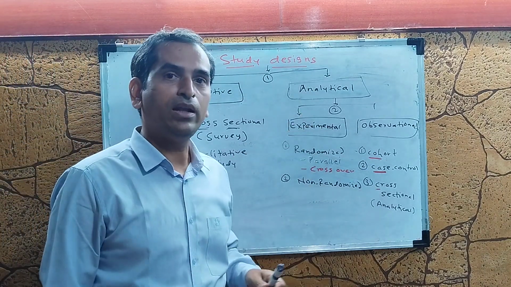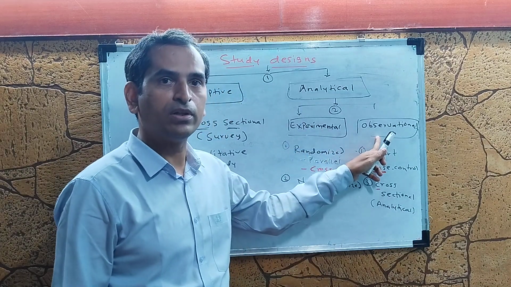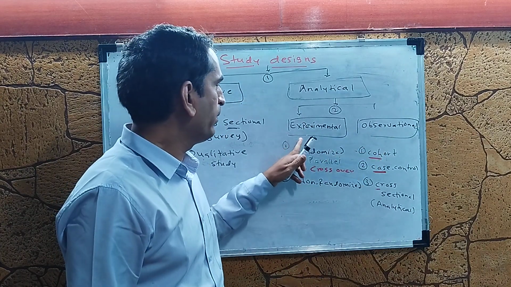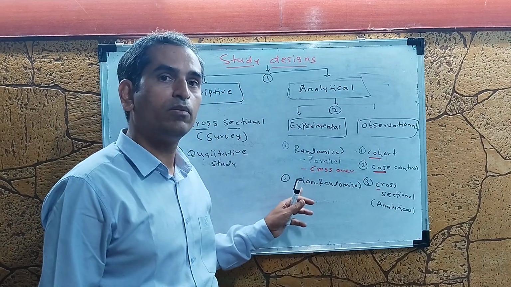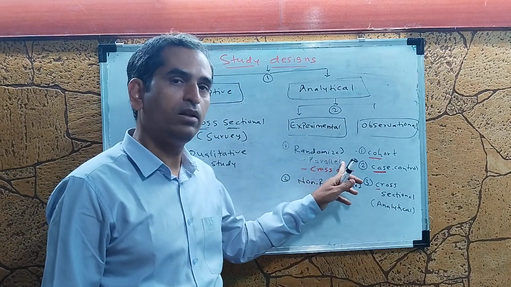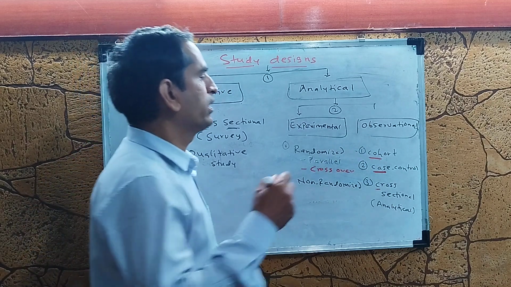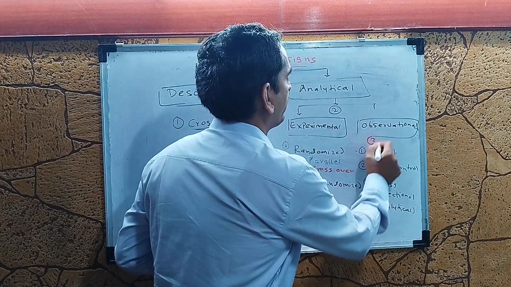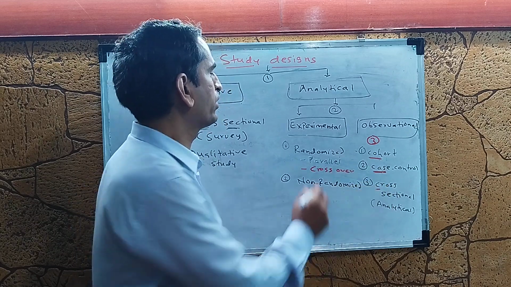When you're planning an analytical study, it could be experimental or observational. In the experimental, the studies could be randomized or non-randomized. Randomized studies can be parallel or crossover. For observational studies, there could be three different types: cohort study, case control study, and cross-sectional study.